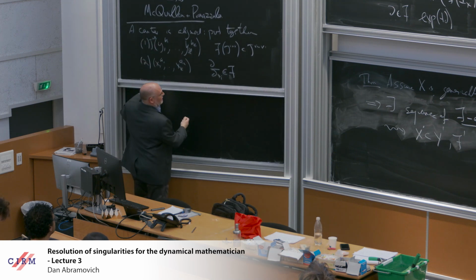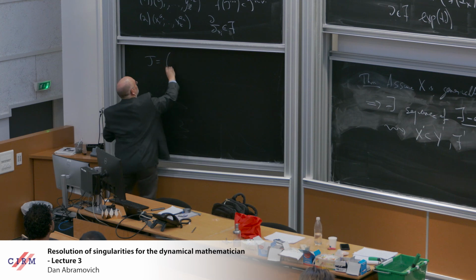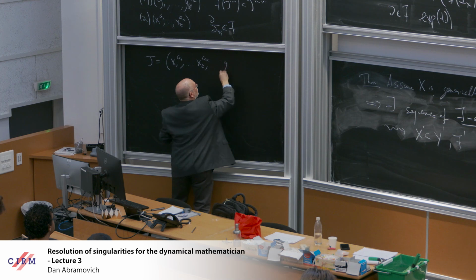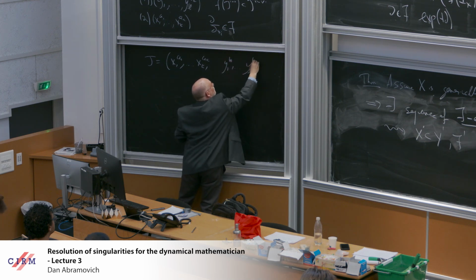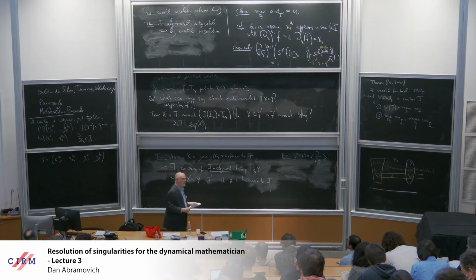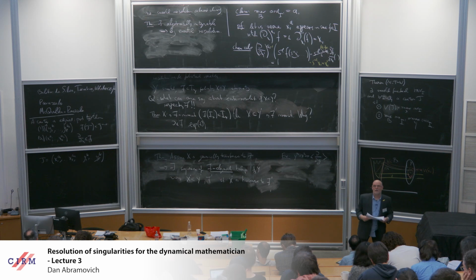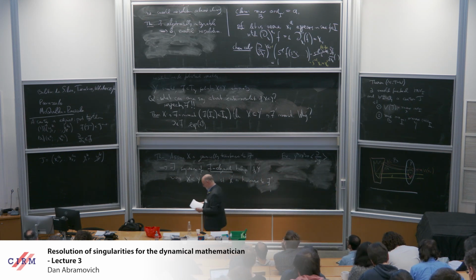So here's a generic F-aligned center. The first variables are transverse. The last variables are, at least in formal coordinates, invariant.